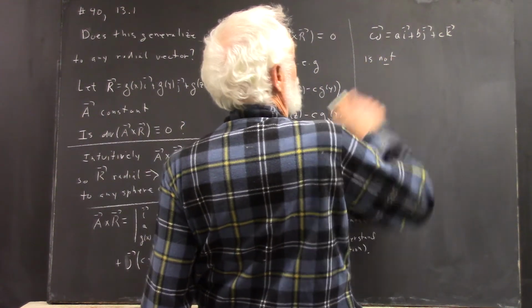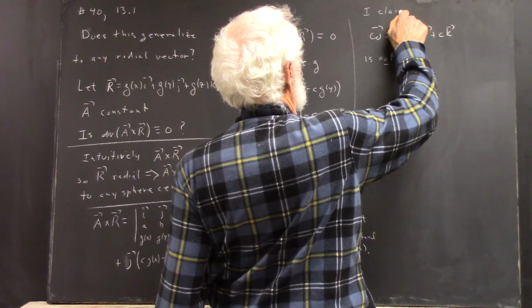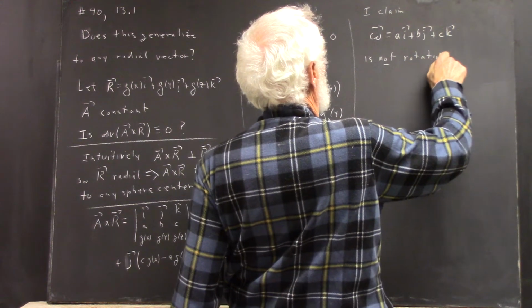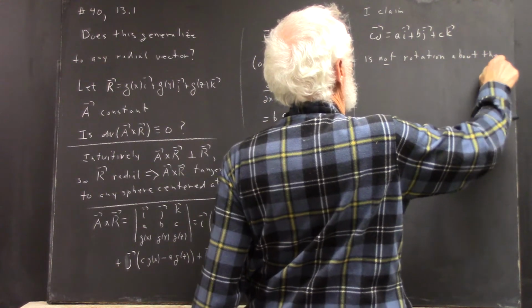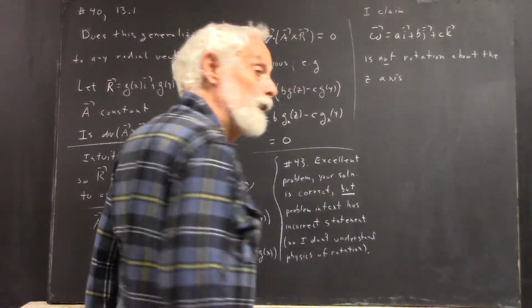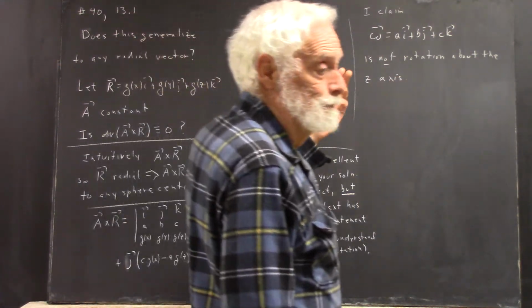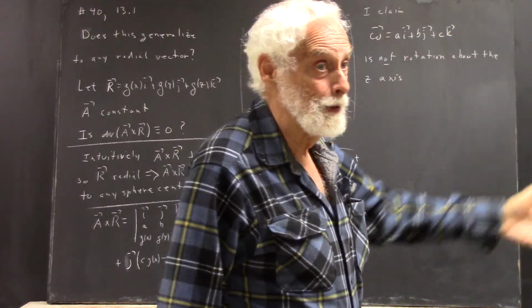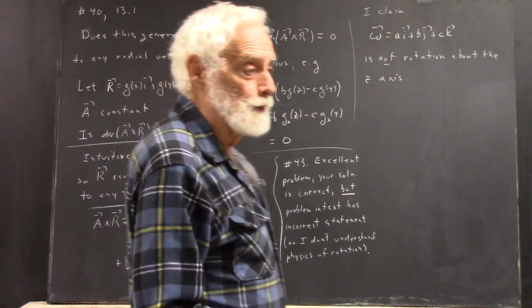I claim this is not rotation about the z-axis. Okay? It's rotation about the vector ai plus bj plus ck. Okay? Rotation about the z-axis.